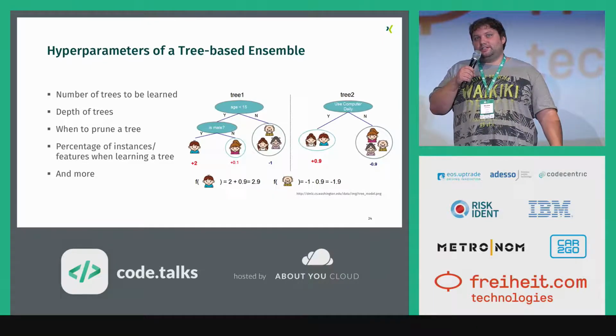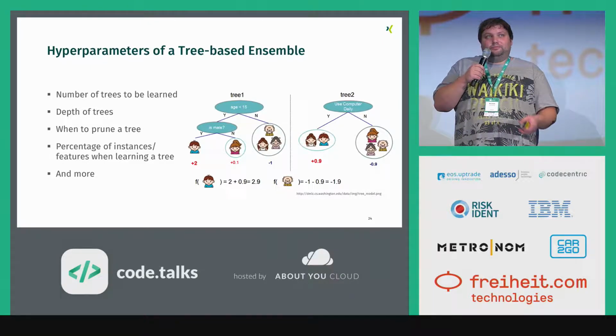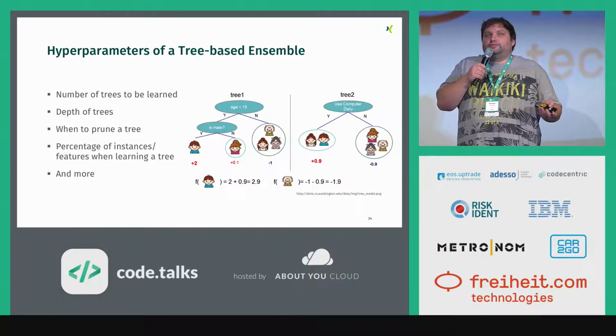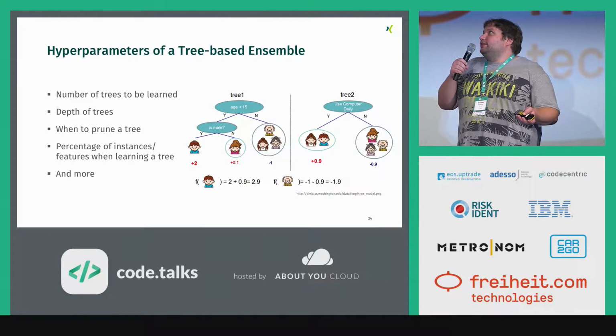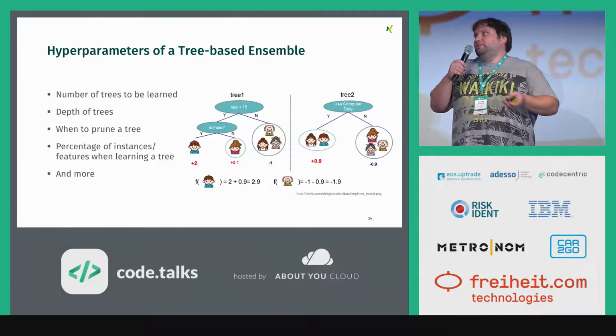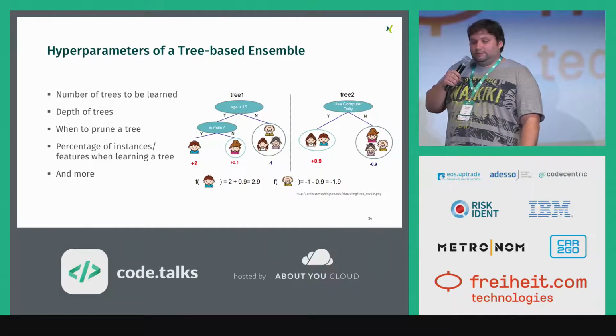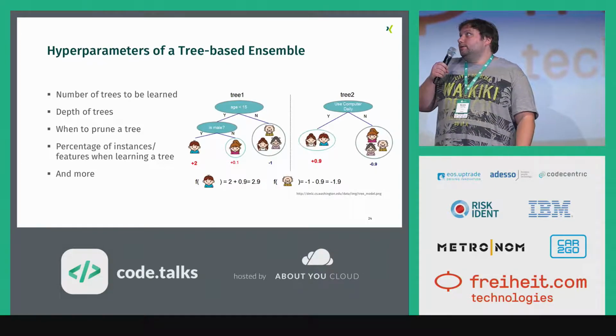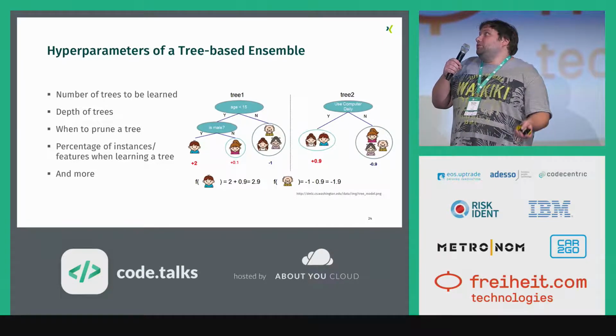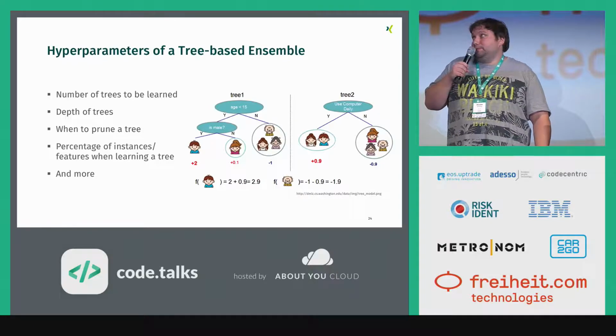How many of these trees do we actually need to get a good signal out of the training data? And usually this is not 1, 2, 3, this is like 500, 1,000, 3,000, something like that, at least for our data. Then the depth of the tree is also something that we have to specify beforehand.